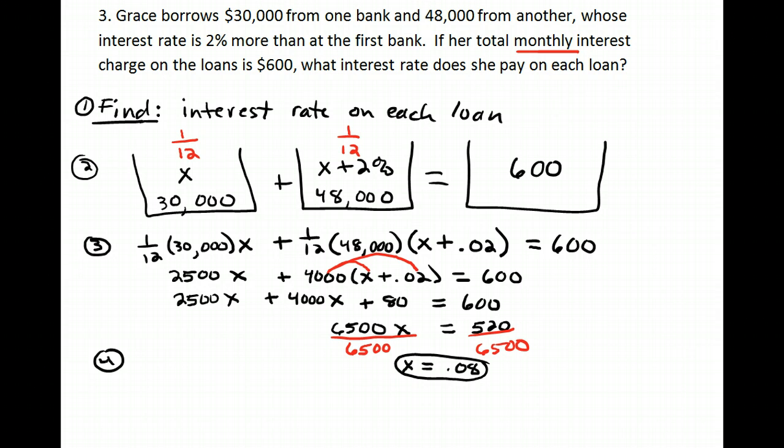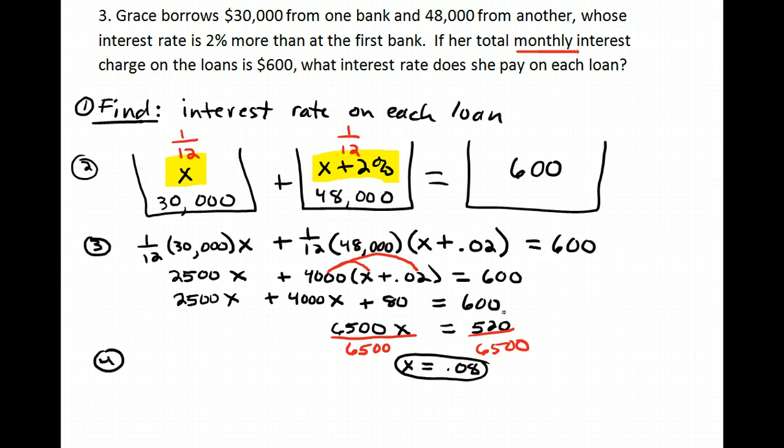Alright, now look at the answer that I got. I got x equals 0.08. Now remember that x was the interest rate here, and then it also was involved in the interest rate here. But be real careful, because my interest rate is not 0.08%. Whenever you do an equation and you have a value in there that represents a percent, it is as a decimal.